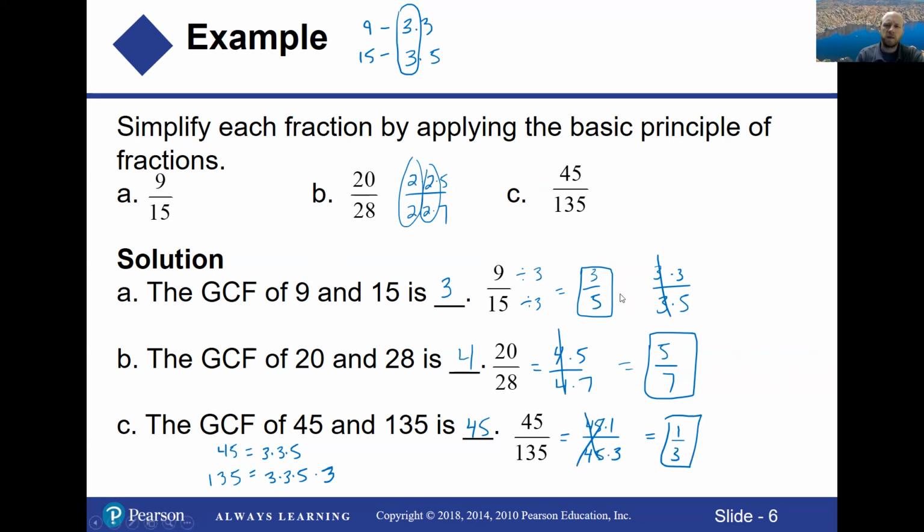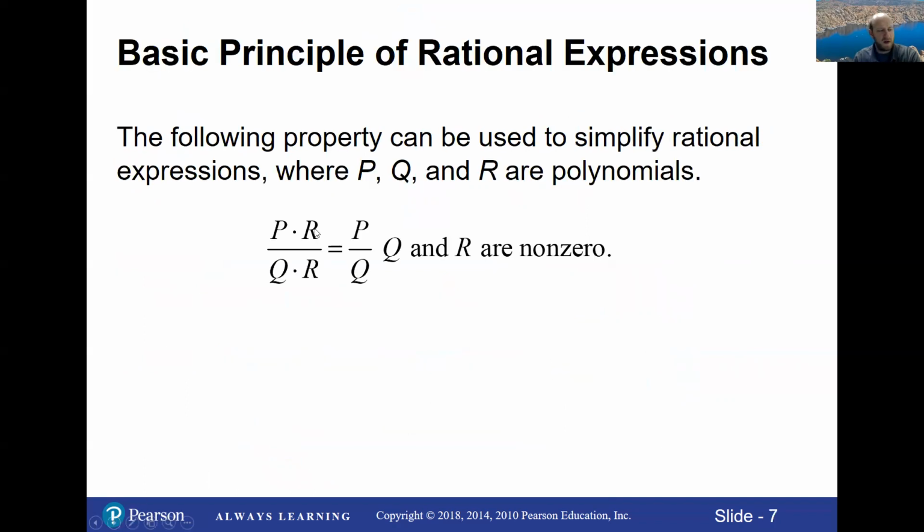So you're not going to have any homework problems on things like this, but this is going to get us into our basic principle of simplifying rational expressions. So our following property can be used to simplify rational expressions where P, Q, and R are polynomials. So if I have a rational expression and I factor out a common factor, or I write it as factors multiplied by each other, I can cancel a common factor.